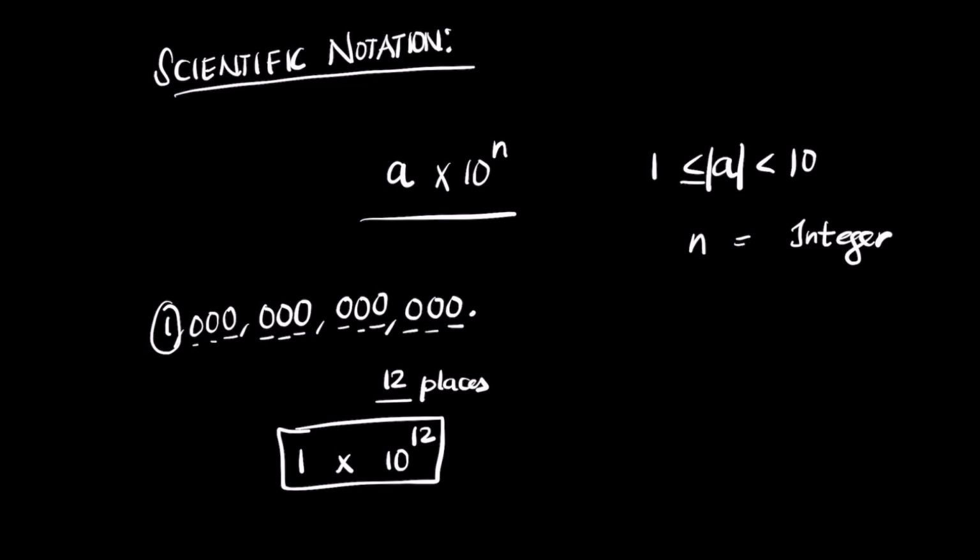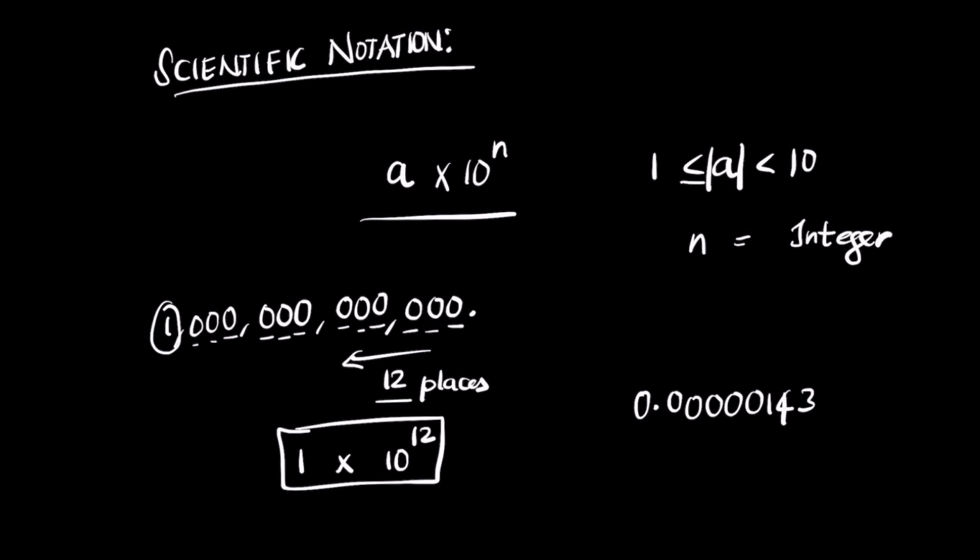Let's take another example. Now let's take a smaller number: 0.00000143. Now how do you count here? Here we counted towards the left. Here you're going to count from the right. So to the right, how are you going to count the values?